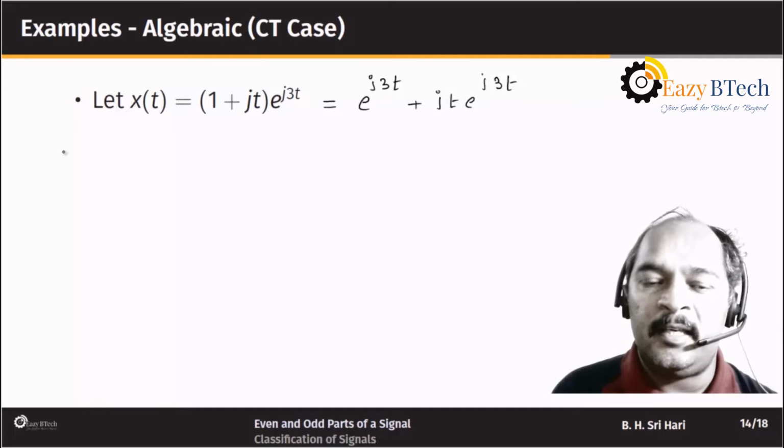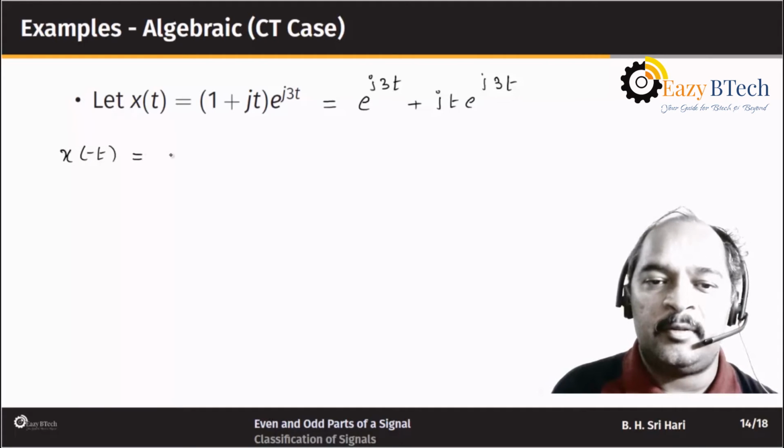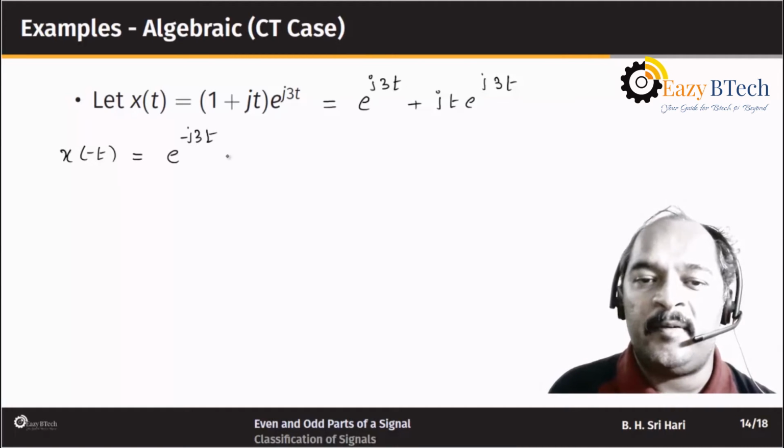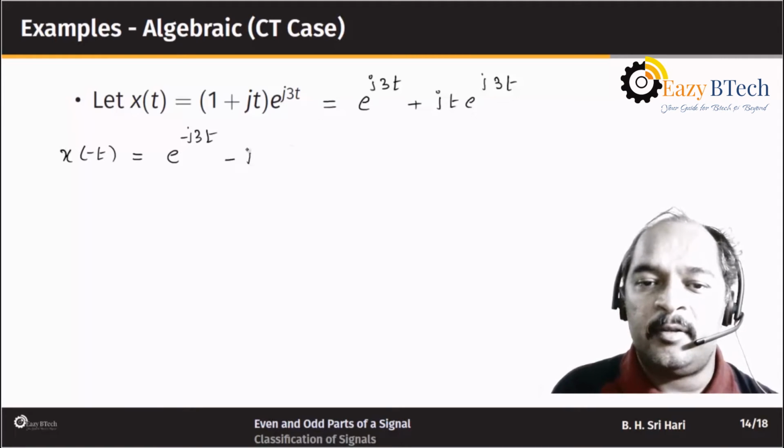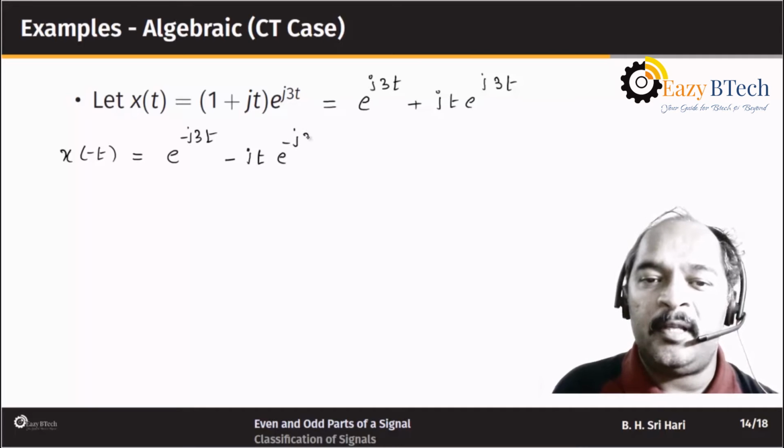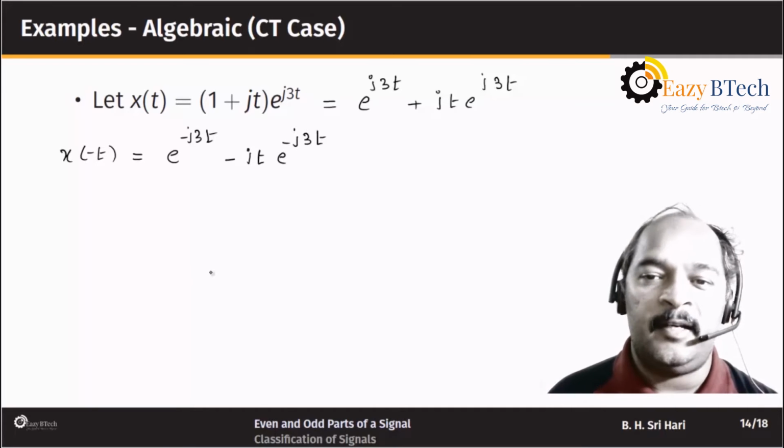Now to find the even and odd part, first we have to know x of minus t. Wherever there is t, you have to replace it with minus t. So you'll get e power minus j3t, and here also you have t, replace that with minus t, so you'll get minus jt multiplied with e power minus j3t.